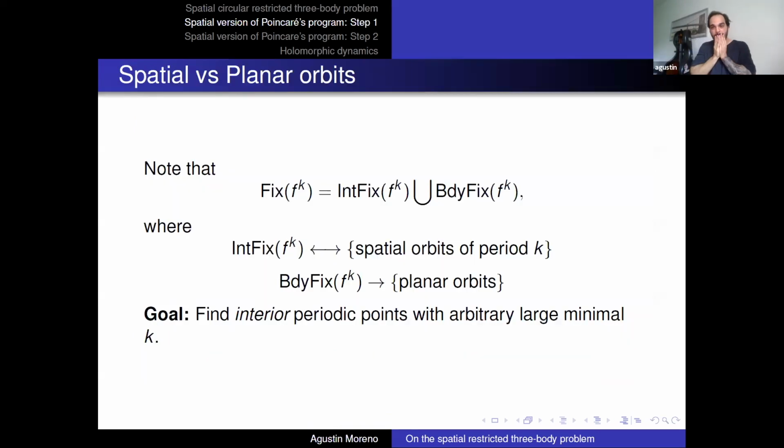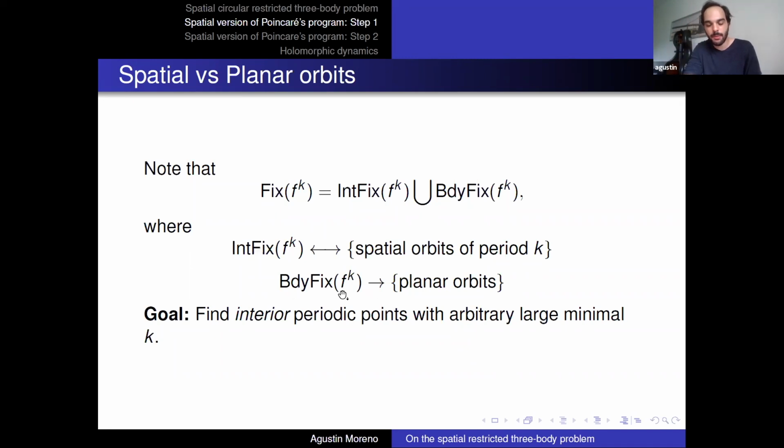anyways, so now basically by construction, you should observe that there are two types of orbits in the problem. First of all, there are interior periodic points of the return map, or there are boundary periodic points. The interior periodic points by construction are in one-to-one correspondence to spatial orbits of the problem of period k. So k here is the minimal k such that you're fixed by f to the k.